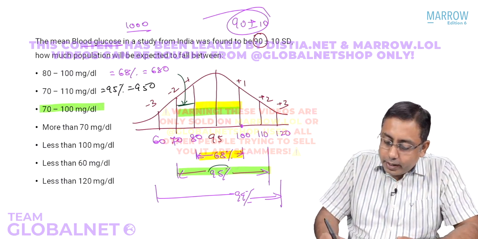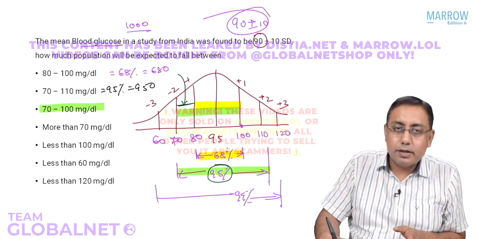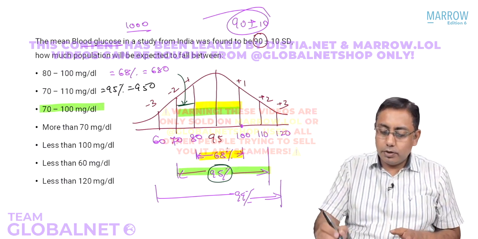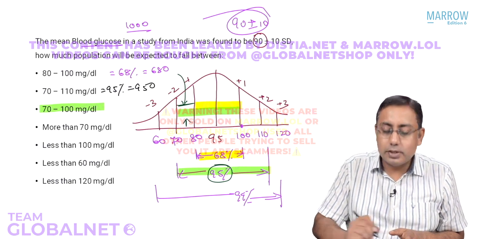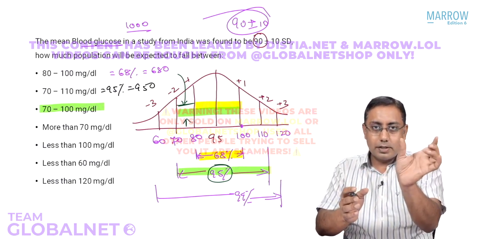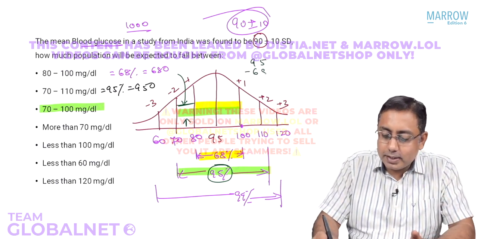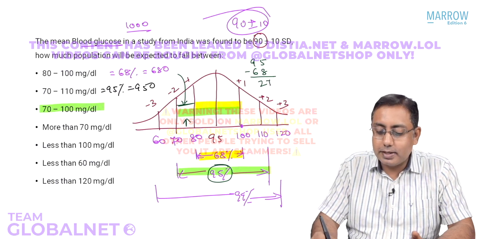You take the whole 95. Out of 95, you have 68. You want to calculate this much, so 95 minus 68 comes out to be 27.